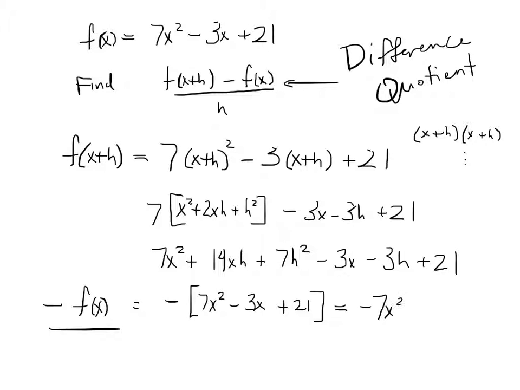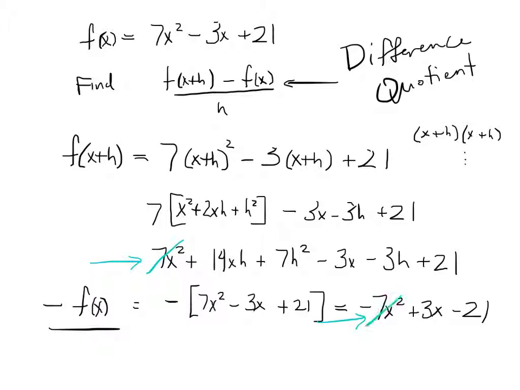Distribute the negative. Now, the way that I've written it perhaps is convenient because now what we have to do is take this line and this line and add them because I've already distributed the negative.